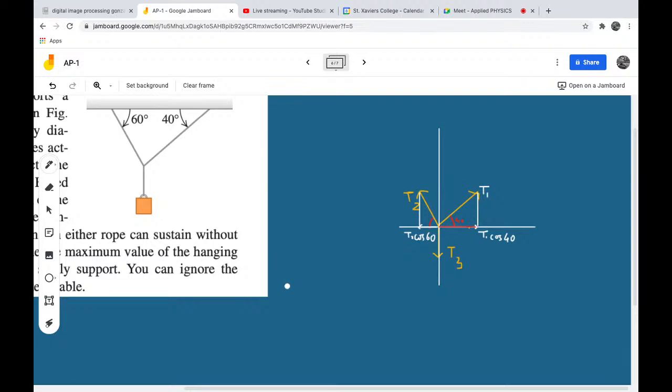So you can always solve it. You can say T2 cos 60, cos 60 is 1 by 2, has to be equal to T1 cos 40.